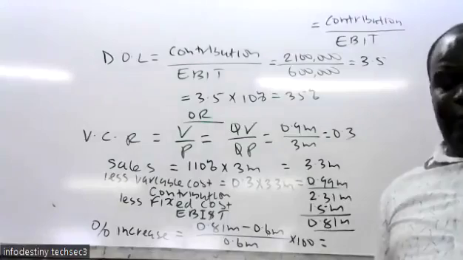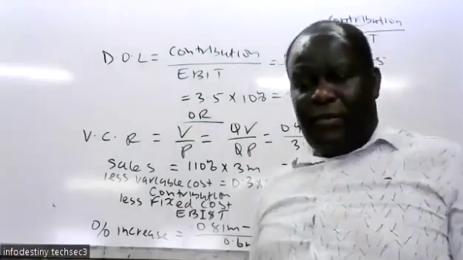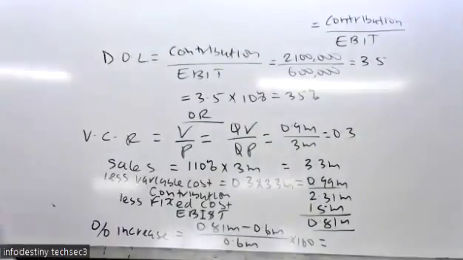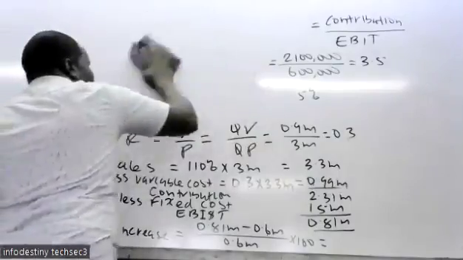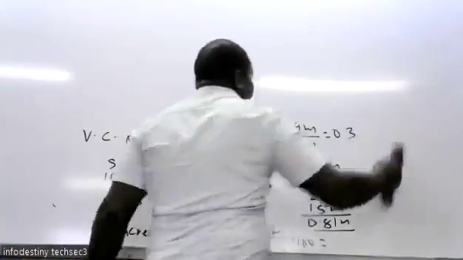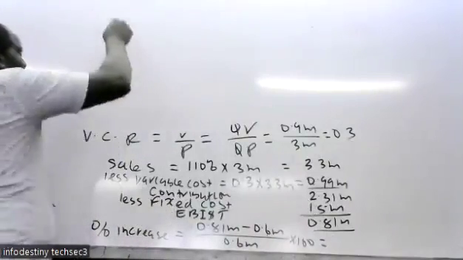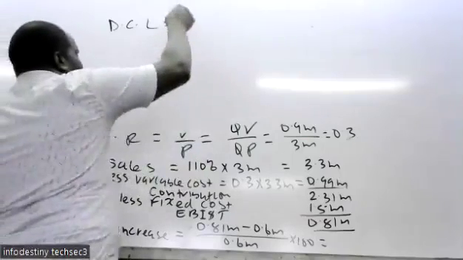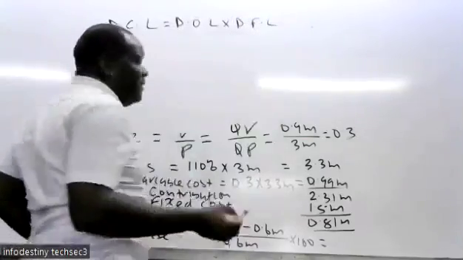There is a formula I gave you for the degree of combined leverage. Just take the degree of operating leverage multiplied by the degree of financial leverage.